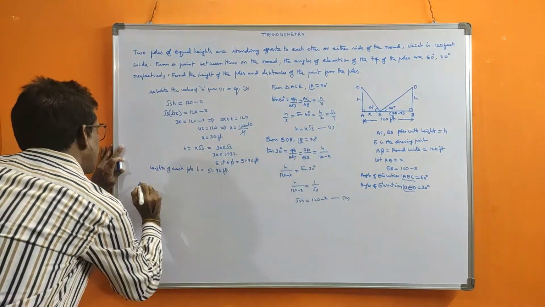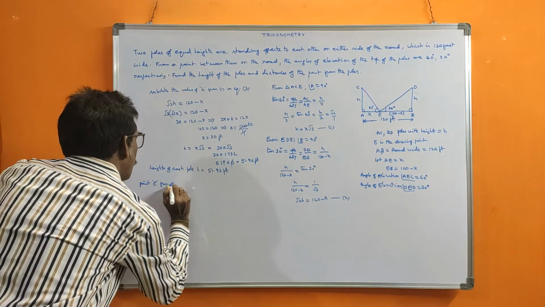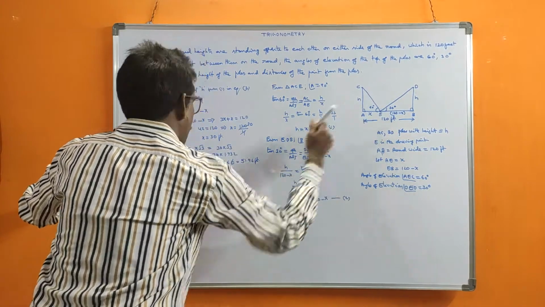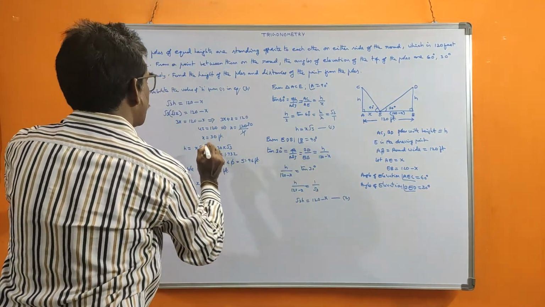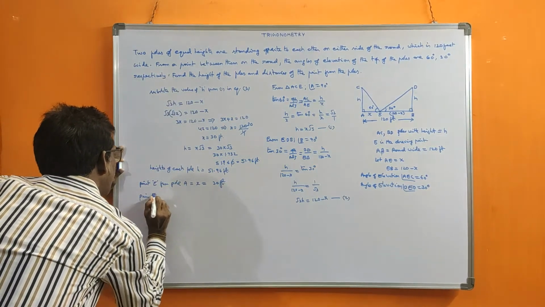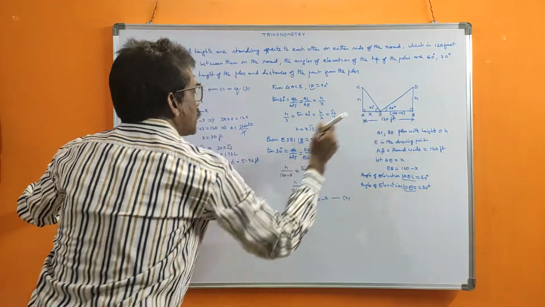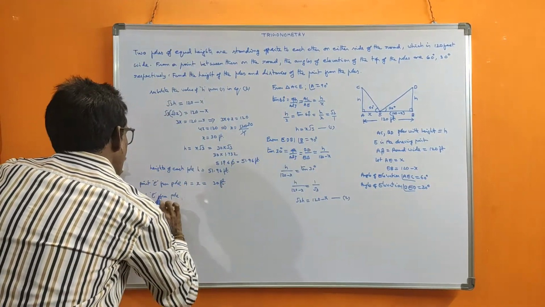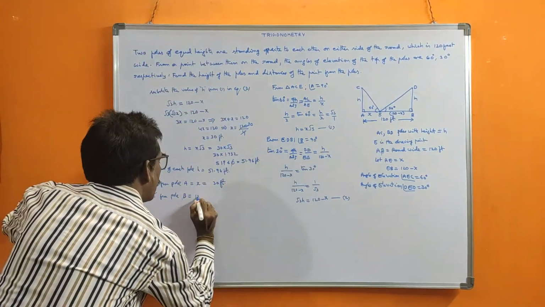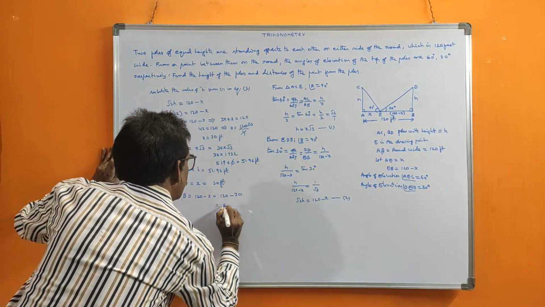Next, observe point E from pole A. The distance of point E from pole A is X, that is directly the X value, 30 feet. Similarly, point E from pole B is 120 minus X, that is 120 minus 30, which is 90 feet.